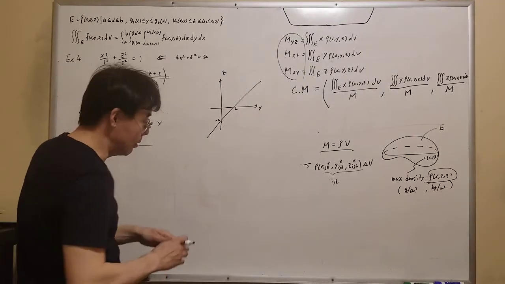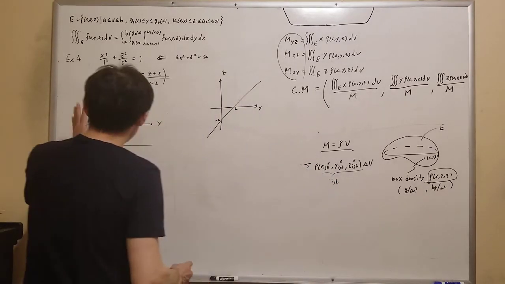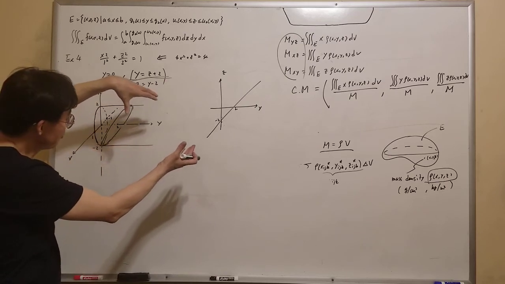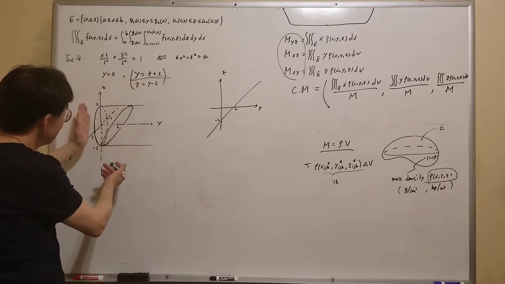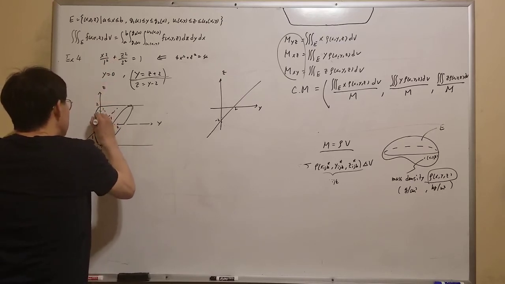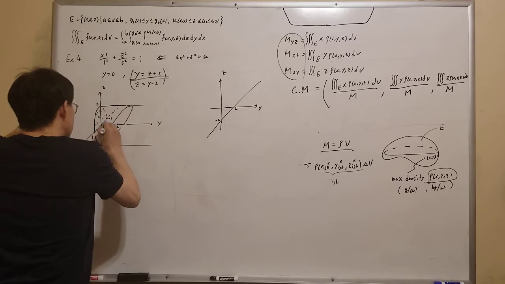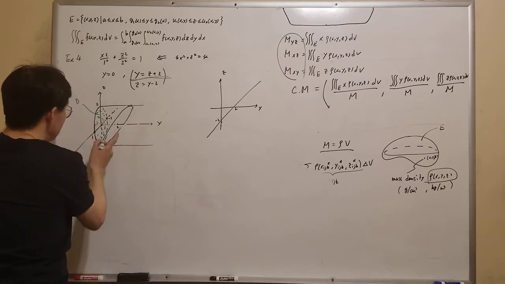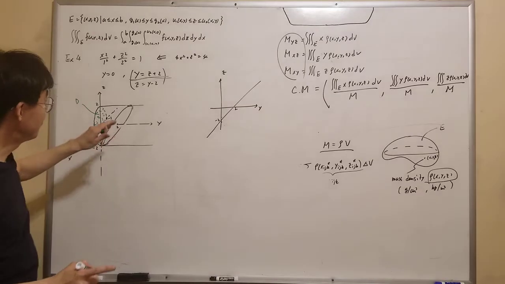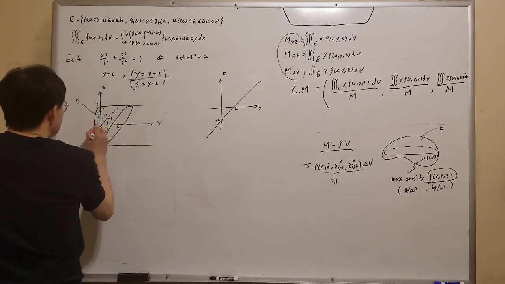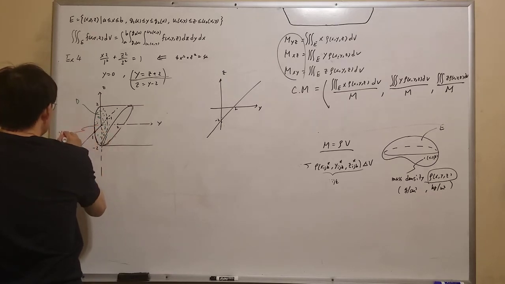So now, we have to consider this one is a type 2 in 3D. Projection of the region onto the XZ plane is an ellipse over here. So this is D. And then the u1 of xz will be y equals 0.